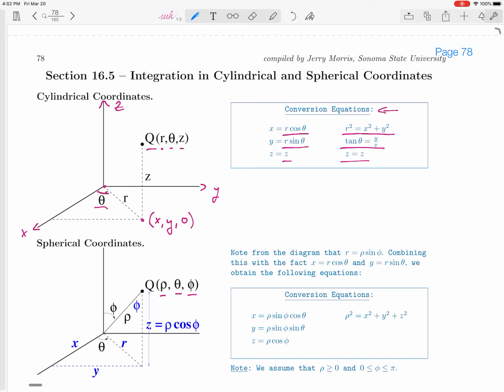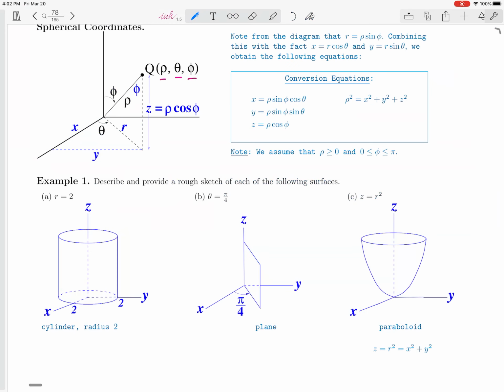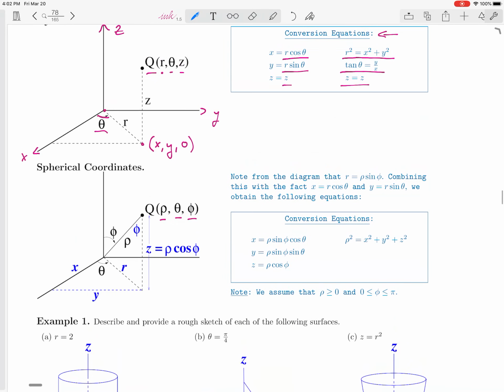So if we have a point right here, Q, then rho is the distance from the origin to the point Q. The angle theta is the angle with the xz plane to our point, and the angle phi is the angle that the line connecting the origin and Q makes with the positive z-axis. So that is phi.